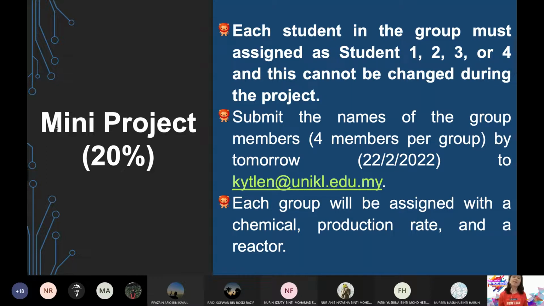So katakan in the group, you assign yourself, you are student 1, student 2, student 3 or student 4. Setiap student ni dah ada part di sini dalam mini project. So as long as you settle your part, member you tak buat pun tak apa. But you must settle your part. You will not bear any consequences. Katakan group member kamu tak buat part dia, tak apa. Kamu buat part kamu, you will not be penalized on it. Okay, so that's the spirit. I want to make sure everybody pulls its weight in the group.